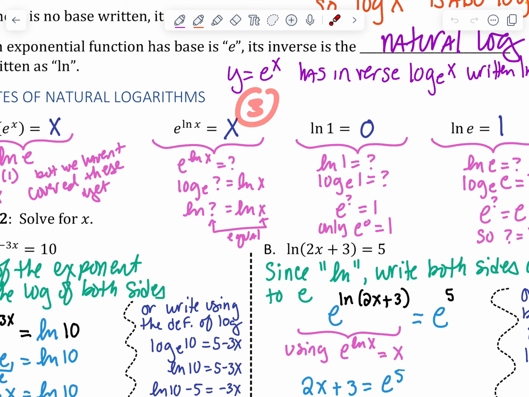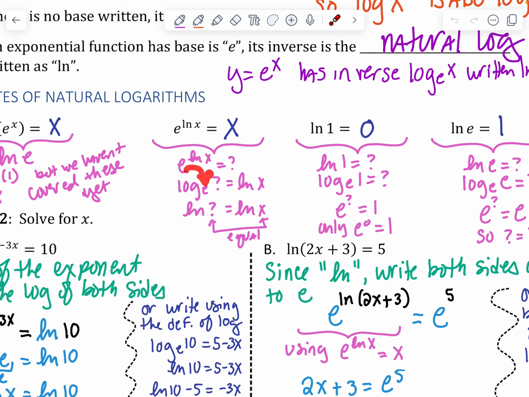Third, let's look at e to the power of ln of x. It equals x. So in this case, I'm taking this exact question, but what if I didn't know it equaled x? So I've got a question mark. What I'm going to do is take the log of both sides. I'm going to rewrite it as a log, right?